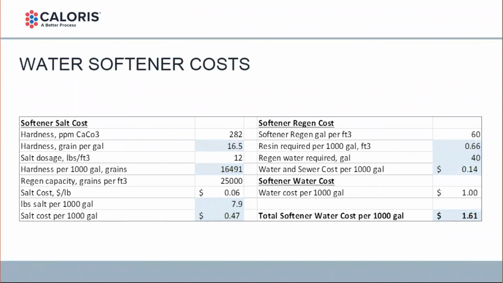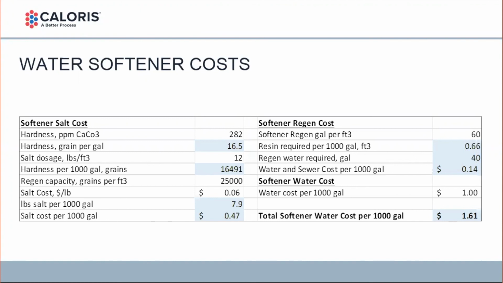Water softener costs. For the hardness, we get 16.5 grains per gallon. Using all the formulas, and figuring a salt cost of 6 cents per pound, the salt cost ends up being about 47 cents per 1,000 gallons.